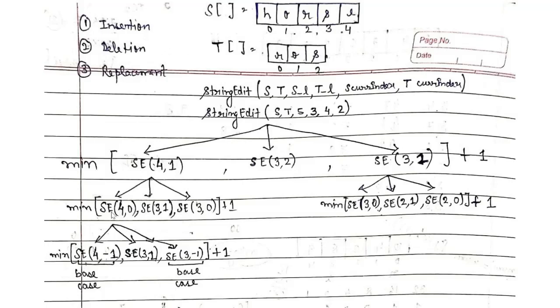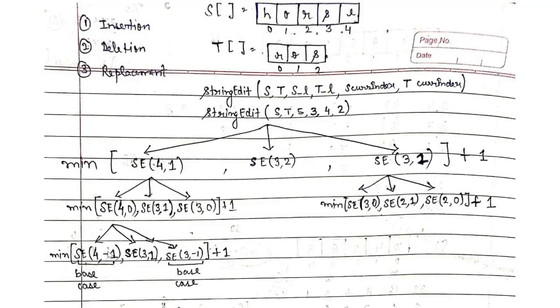I would be recursing for SE4,0, SE3,1 and SE3,0, and again I would be adding 1 over here. This one again, as we discussed, has the same reason as we had over here. Now in the case of SE4,0, I would again be recursing for 3 things. Either I insert, or I delete, or I replace. But I would be hitting my base cases over here.